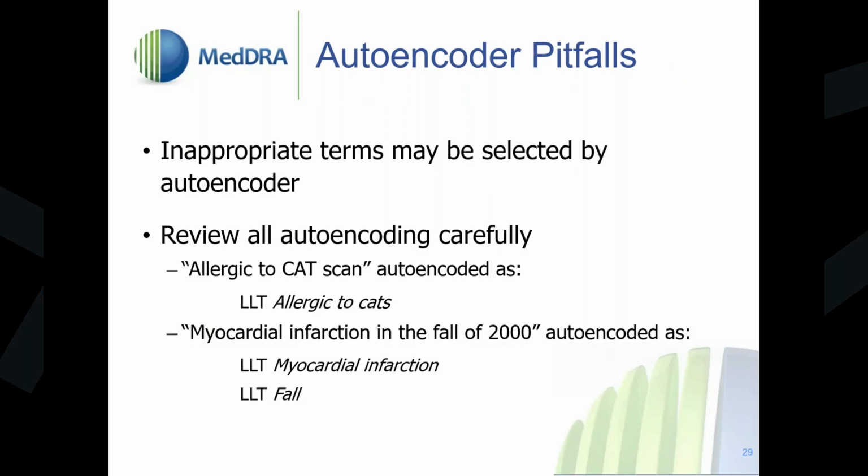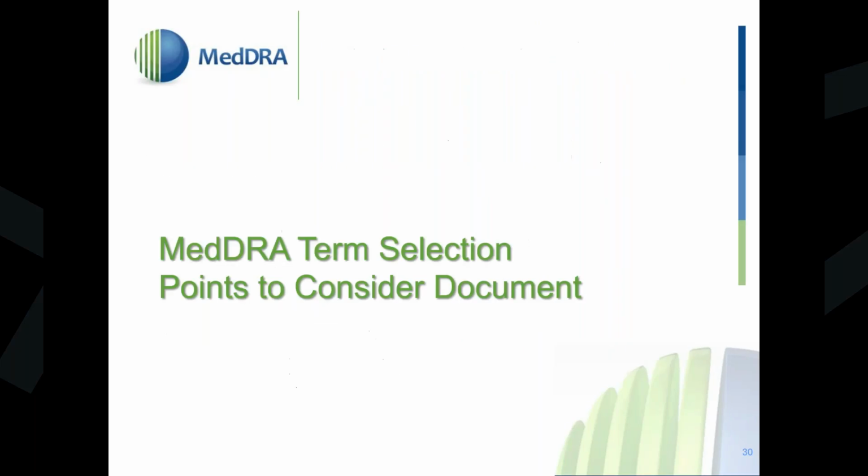So allergic to CAT scans, if you follow the alphabetical order, may end up autoencoding to allergic to cats. Myocardial infarction in the fall of the year 2000 was misunderstood by the autoencoder as a separate entry of fall.